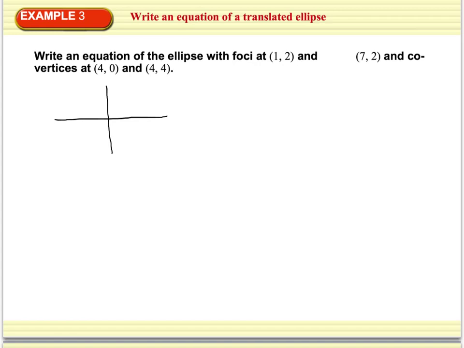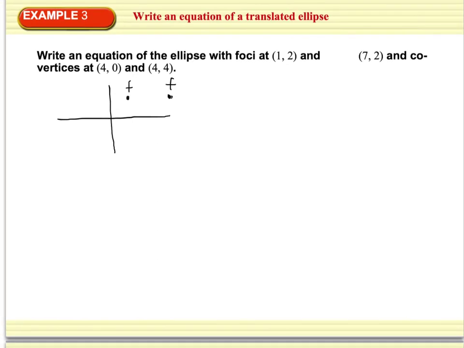So if we plot the point 1, 2, we're going to end up with something in quadrant 1. Then we have 7, 2, which is going to be down here. So this is a focus point, this is a focus point. Now our co-vertices are located at 4, 0 and 4, 4. So 4, 0 is going to be right here, and 4, 4 is going to be directly above that.